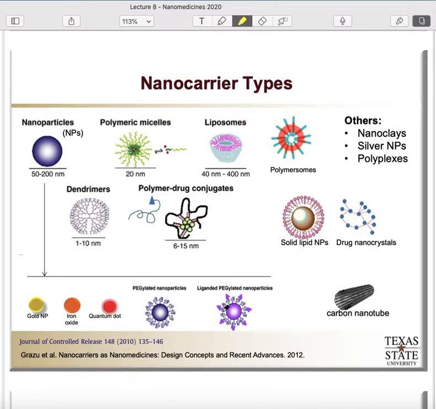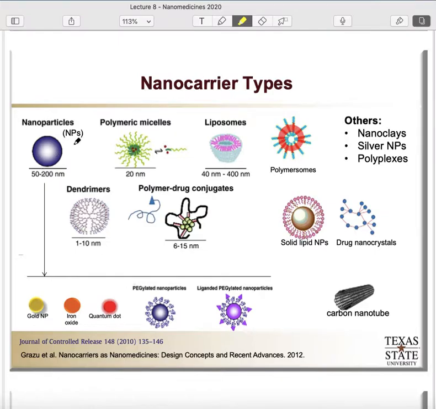We can also have polymeric nanoparticles, of course, and those polymeric nanoparticles can be bare polymeric nanoparticles as shown here, or they can be surface functionalized nanoparticles that contain things like polyethylene glycol to enable better stability as a colloidal suspension, and also enable us to include ligands for targeting. Those ligands would be biomolecules that have high affinity towards certain molecules or certain receptors that are found on the cells of the disease that we're trying to target.